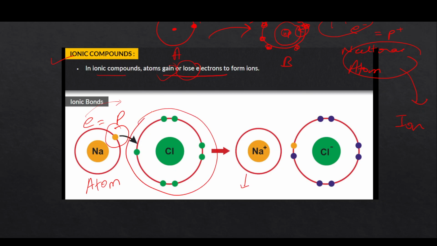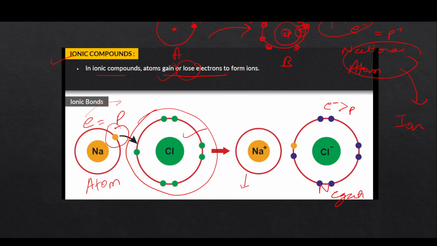And the one which is gaining electrons, like here the chlorine atom is gaining an electron, so it will have more negative charge than positive, so it will convert into a negative ion. So by losing and gaining electrons, this is how ionic compounds are formed.